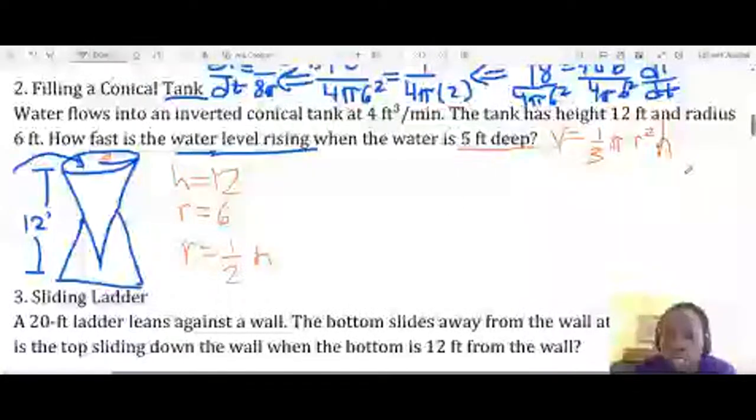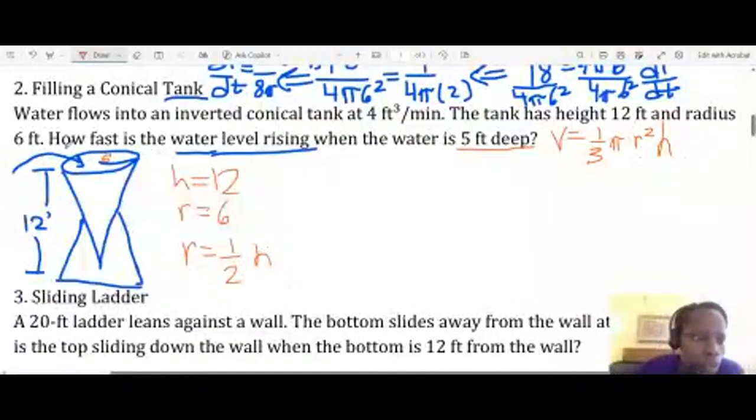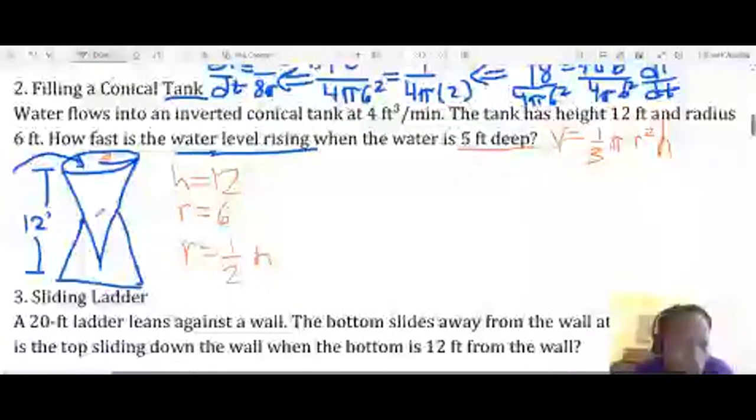Since we can get it in terms of one variable, and we want to know how fast the water level is rising, that's in terms of h, right? The depth we call h.